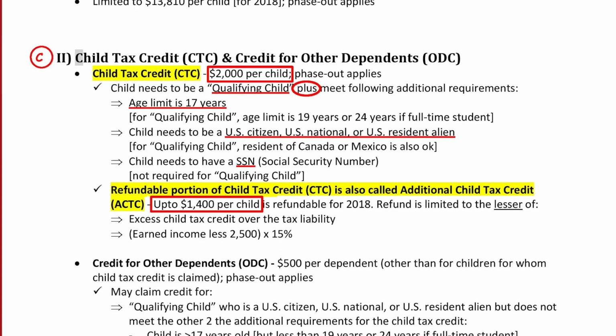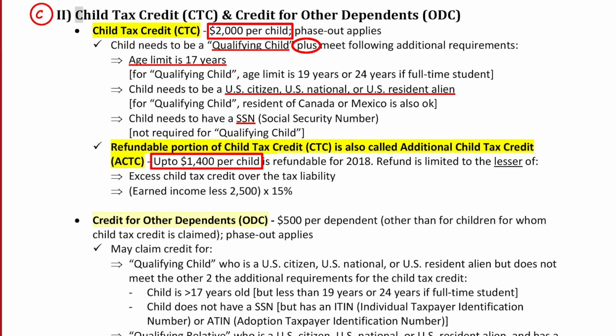And then there is also the credit for other dependents, which is $500 per dependent. This is other than for children for whom child tax credit is already claimed.